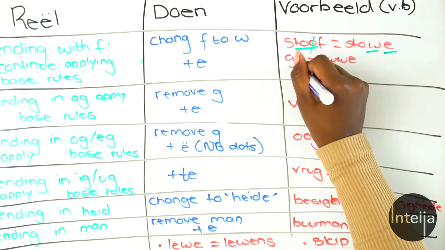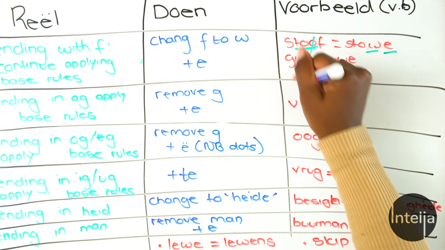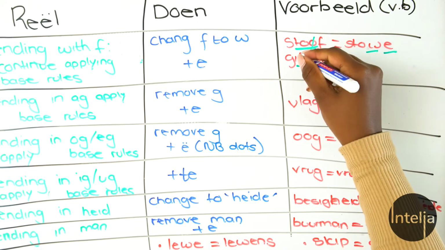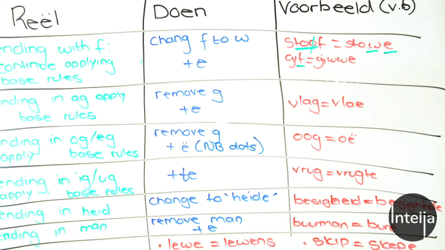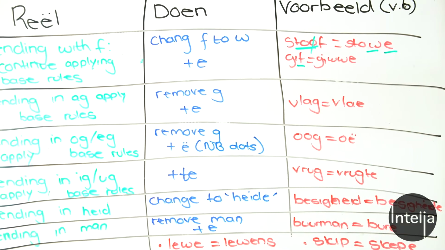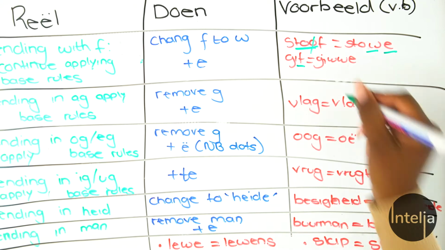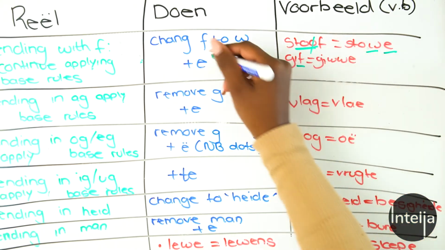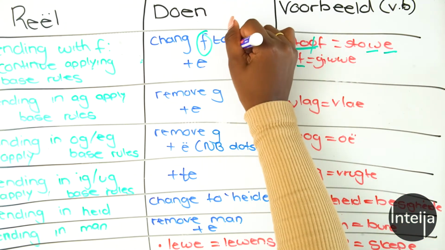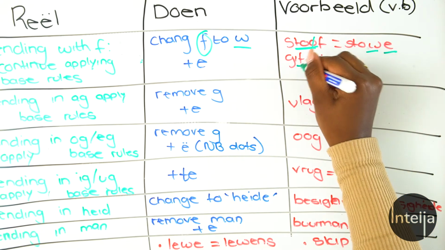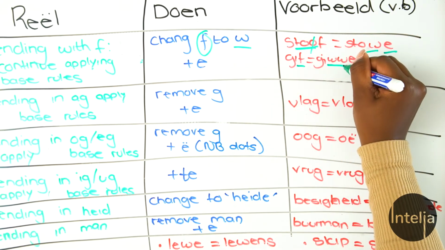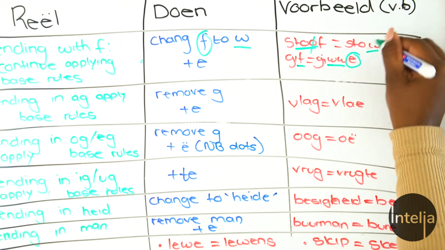Guf ends with an F and has a short vowel sound. So we double the last letter, which is what we do when a word has a short vowel: you double the last letter and add an E. But our last letter was F and we changed F to W. So instead of doubling F, we double W and add an E. Does that make sense? Let me go over it again.